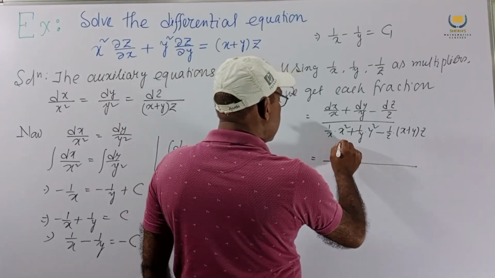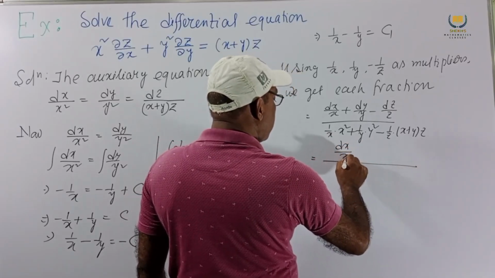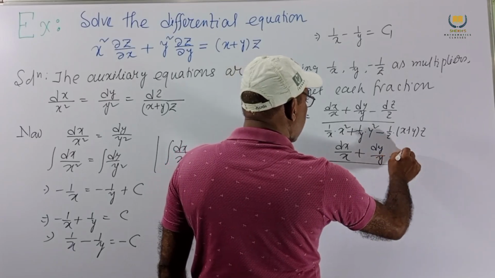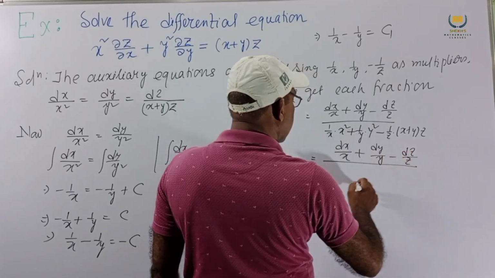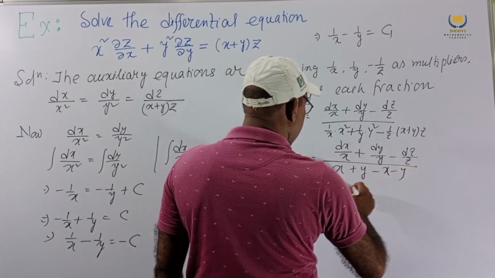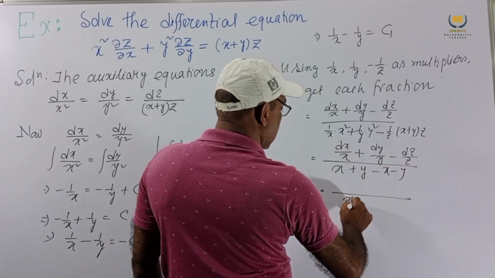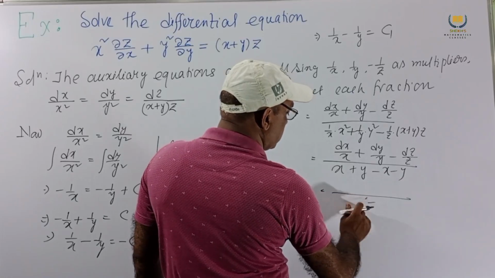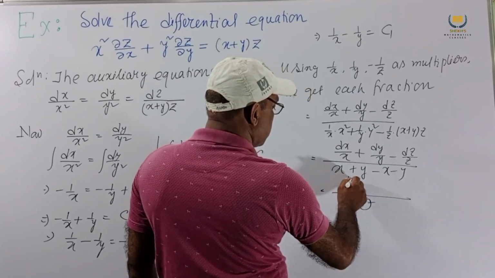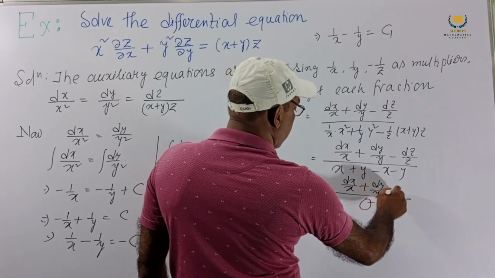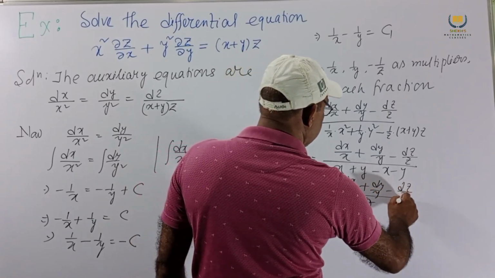This implies dx/x + dy/y - dz/z over x + y - x - y. This is x + y minus x minus y, which is 0, so dx/x + dy/y - dz/z.